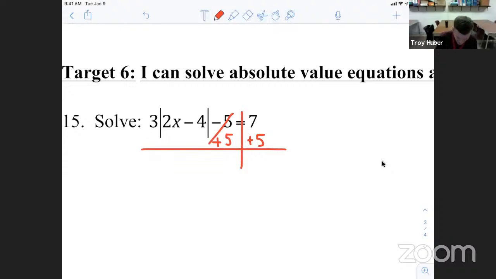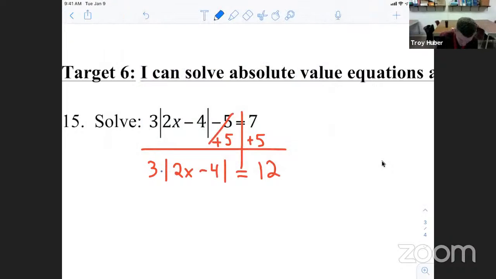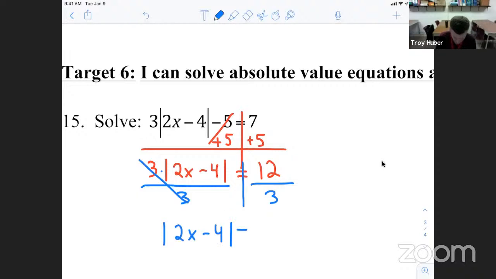Okay, that cancels that out. So I get 3 times the absolute value of 2x minus 4 is equal to 7 plus 5, which should give you 12. All right, but now I'm going to get rid of that multiplied by 3 by dividing each side by 3 so that these cancel, and I get the absolute value of 2x minus 4 is equal to 12 divided by 3, which should give you a positive 4.